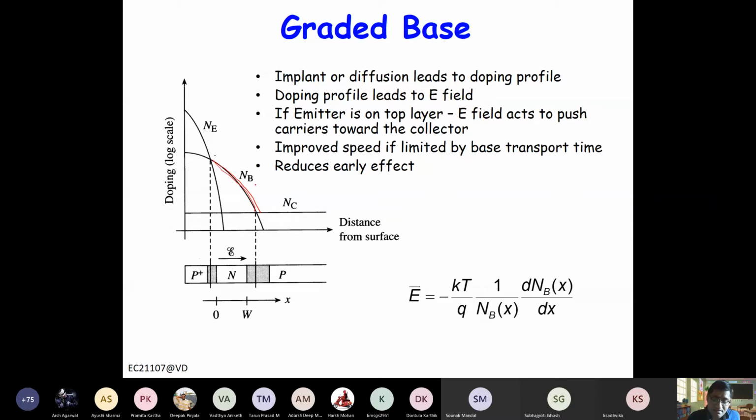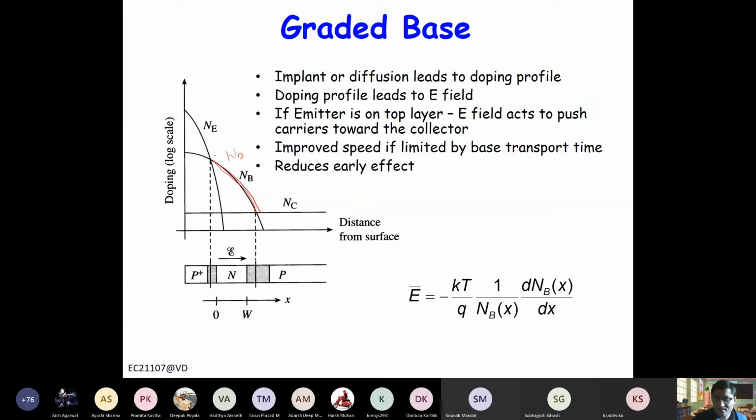In the base region, this is a PNP transistor, so it is N-type doping, meaning donors will be there. This N-type doping is decreasing. So what will be the direction of the electric field? Here I have shown it pointing from left to right. But how will you get it?